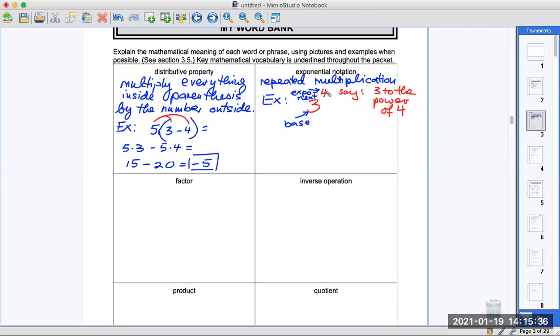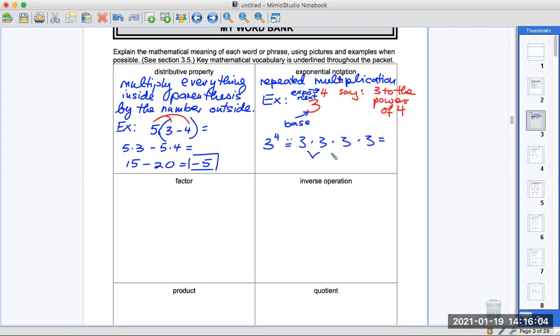So base is below, the exponent is higher, and what that means is the exponent tells us how often to multiply the base by itself. So I'm going to rewrite that. So 3 to the power of 4 would mean you have 3 times 3 times 3 times 3, 4 times. The 4 tells you how often to multiply the base.